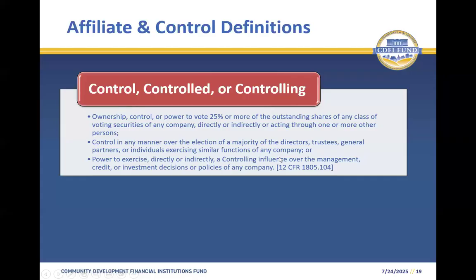Now that we covered the controlling influence term, let's bring it back to the definition of control. I want to make clear that these defined terms, as well as the CDFI Fund's interpretation of these terms, are relevant for CDFI certification.